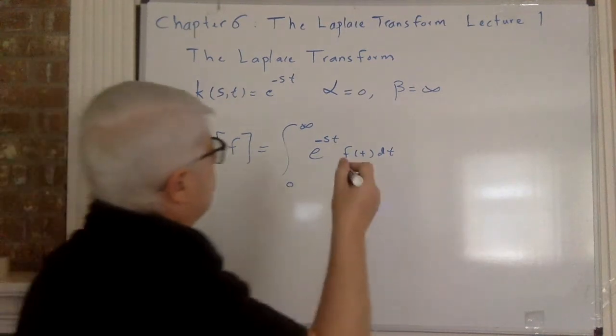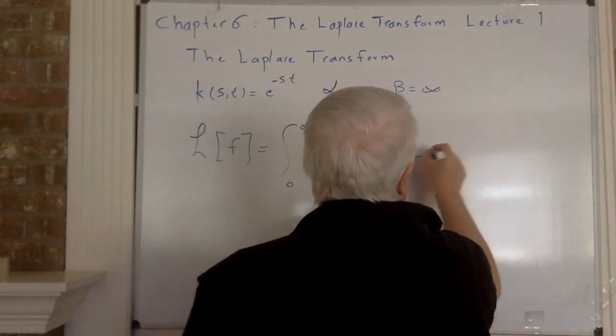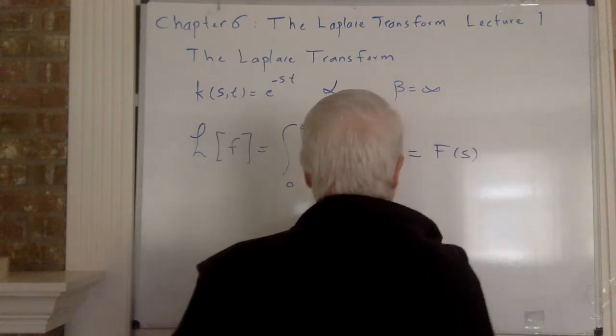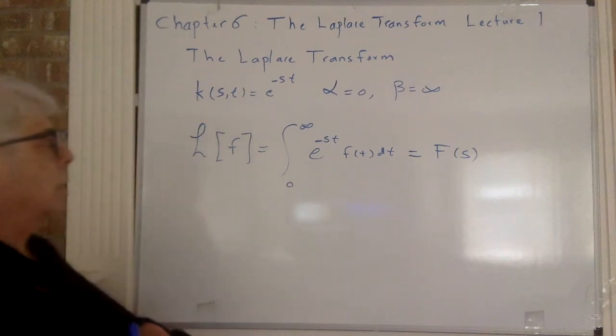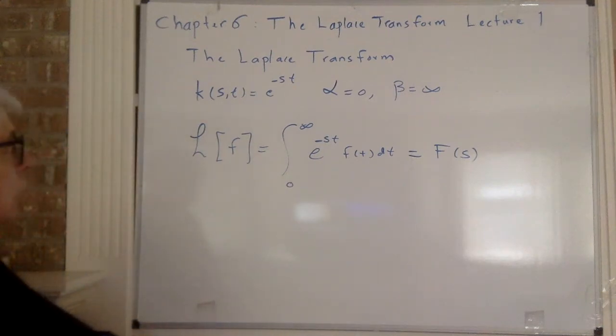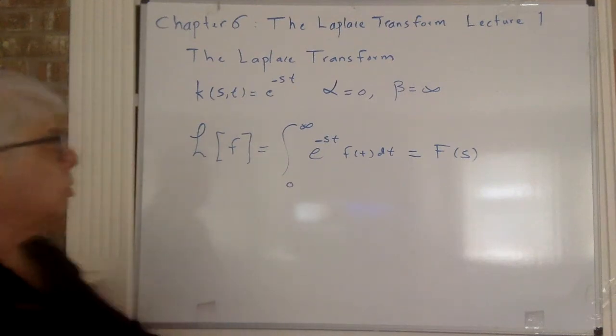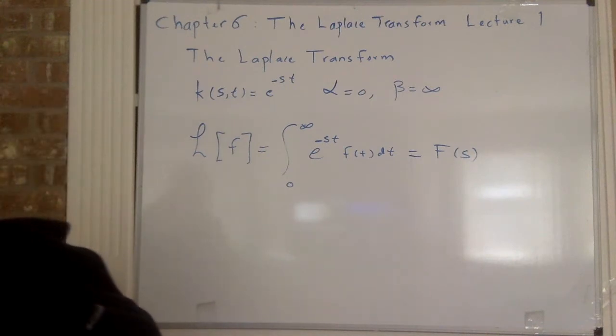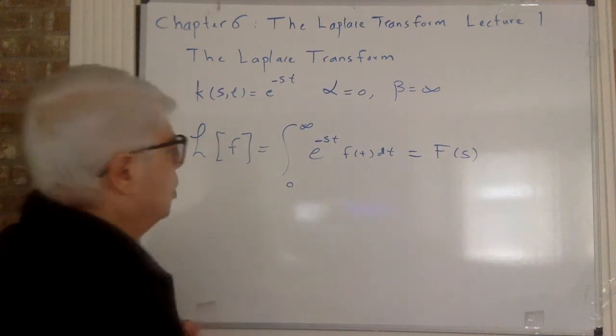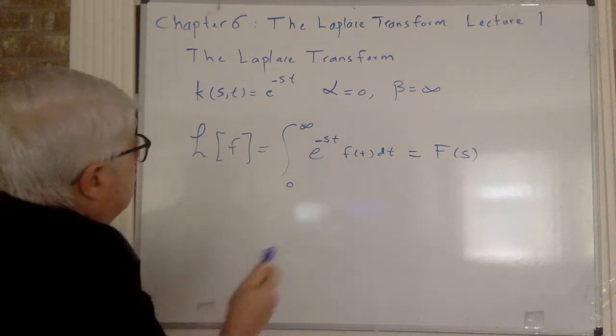And like the other ones, I can write this as F(s). Okay? So the Laplace transform is an integral transform with the kernel e to power minus st, and the bounds are 0 to infinity.